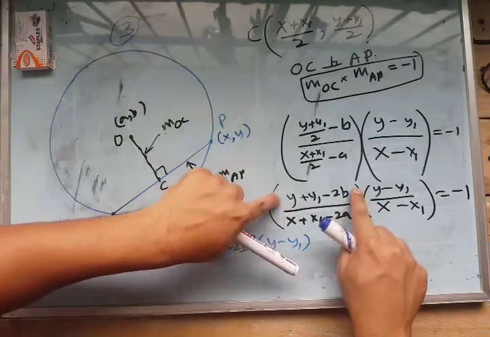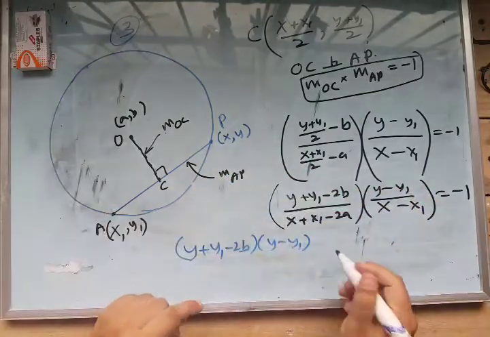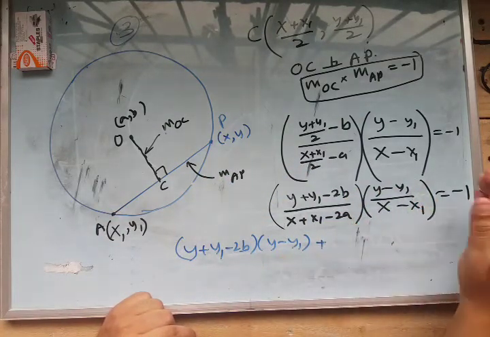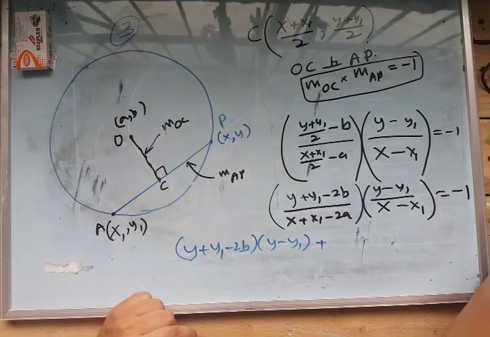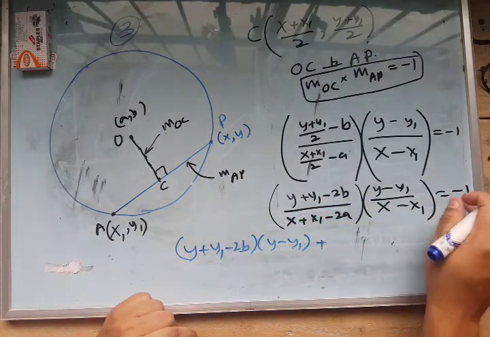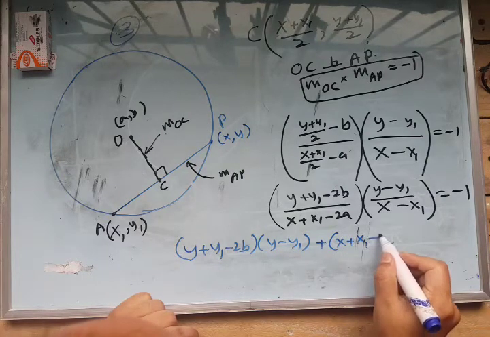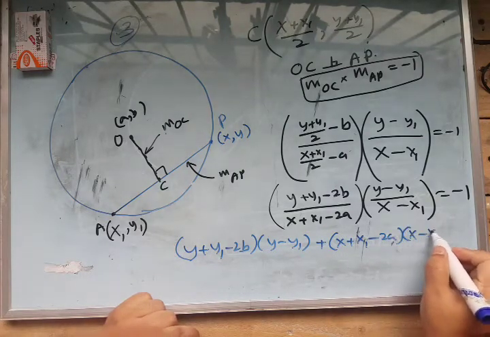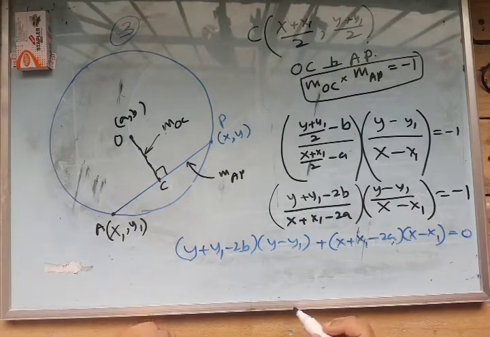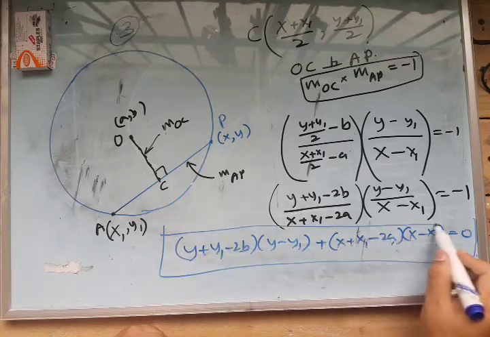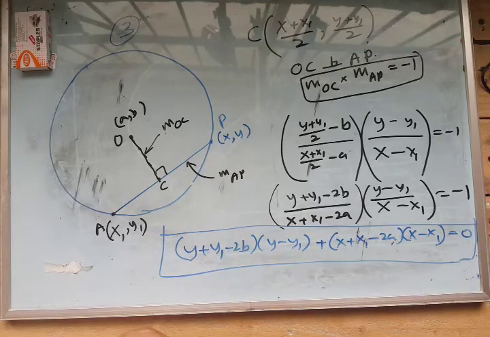So I have multiplied these two expressions here, plus, because I'm going to take the expression on the right side to the left side, so the minus sign becomes a plus sign, x plus x1 minus 2a into x minus x1 is equal to 0. Right? This is another way of obtaining a characteristic equation to a circle.